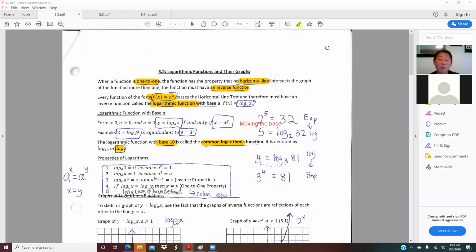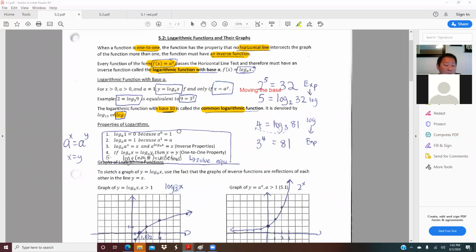Your calculator only has base 10 log. They don't have base 3 or base 2. We call it common log. So how do you find log 2 or log 3, something like that? You have to use the change of base formula, which you will learn in the next section.